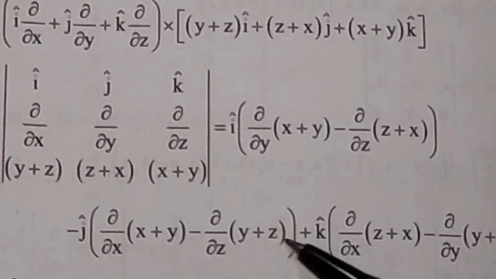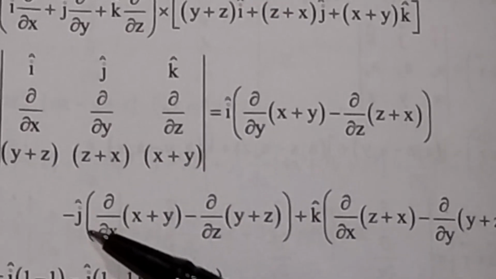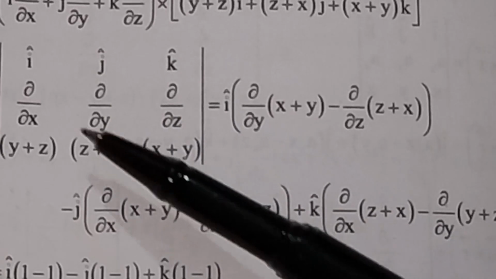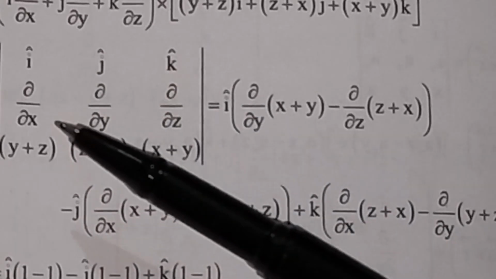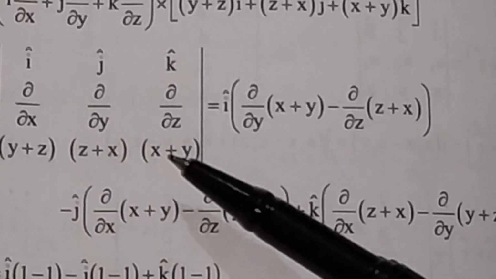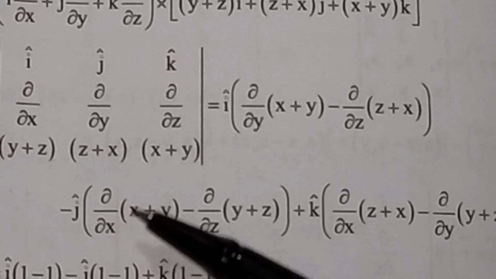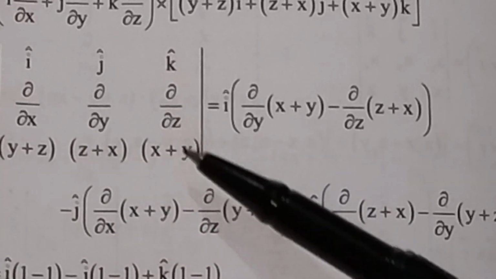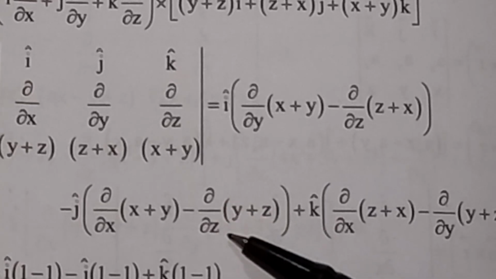Similarly, for the j component, you write minus j cap and leave this column and this row. So you have partial derivative of x plus y with respect to x in the first term, and the second term, partial derivative of y plus z with respect to z.